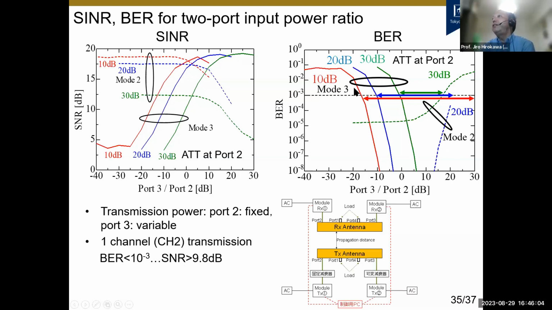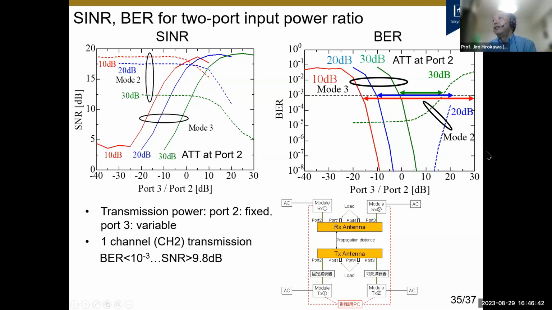The solid color lines show the BER for the interference side when we change the attenuation level of the attenuator in the desired mode, and the dashed lines show the BER of the desired mode 2.